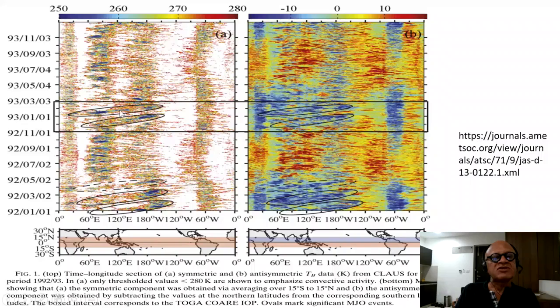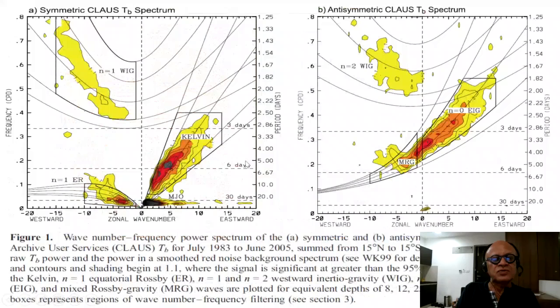So the symmetric part here, when averaged from 15 south to 15 north, cloud top temperatures are shown here, and the antisymmetric part as the difference between the northern and southern hemisphere is shown here. Why do we do that? Basically we can take these and produce a time series and look at the spectral wavenumber-frequency power spectrum of these symmetric and antisymmetric components of the Cloud Archive User Services temperature data.